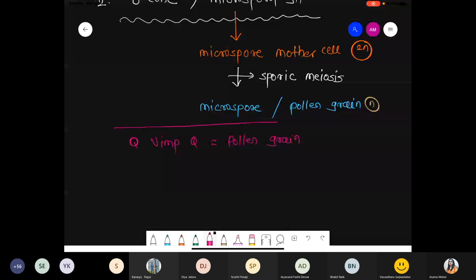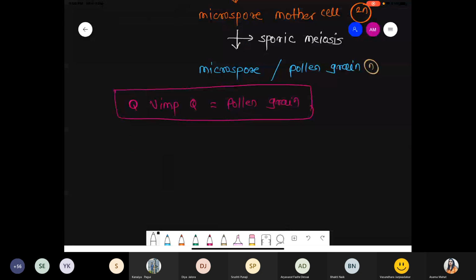First point, whenever we are talking about the pinus pollen grain specifically, because we are talking about the pinus life cycle. In case of this pinus pollen grain, first of all we are talking about the color. Basically they are yellow in color.